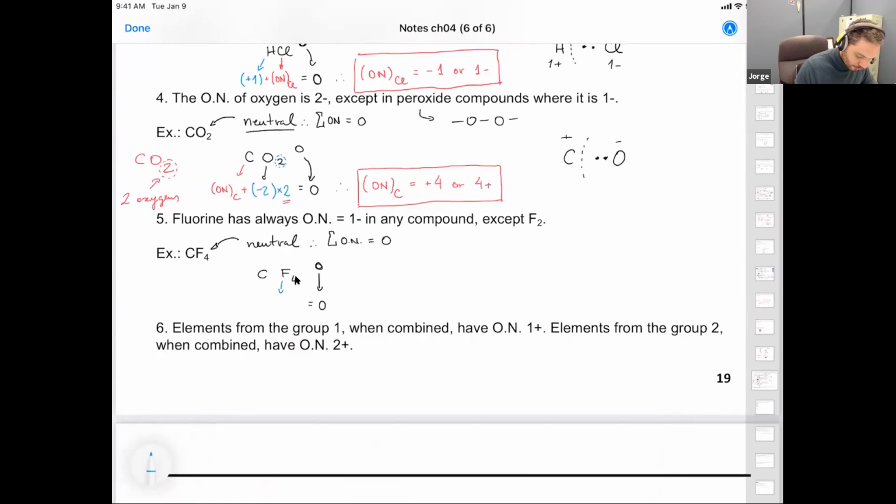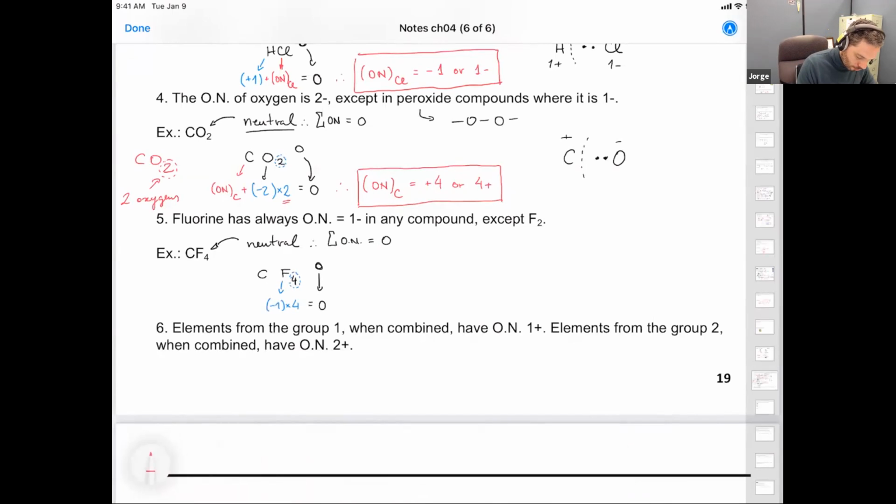Oxidation number for fluorine is going to be -1 or 1 minus. Again, we have 4 atoms of fluorine in the structure of the compound, meaning we must multiply each oxidation number by 4.